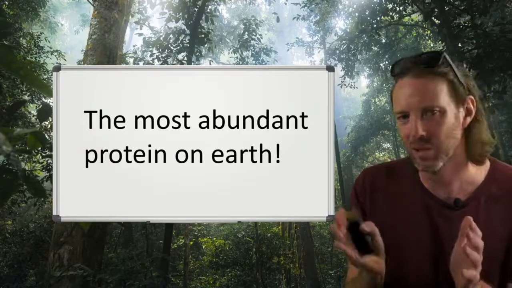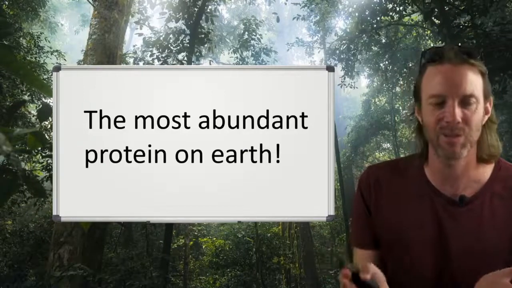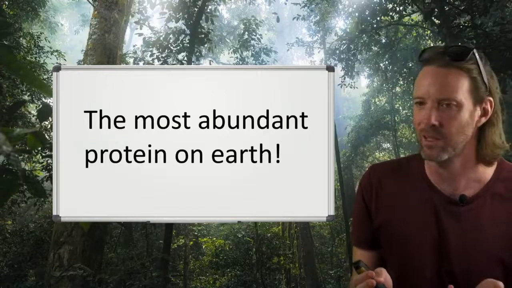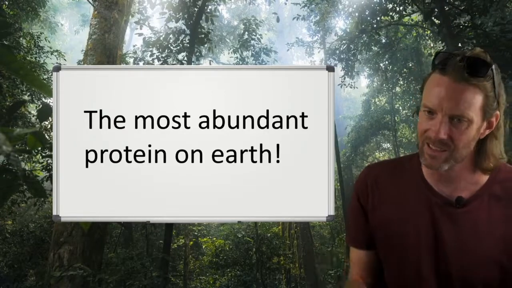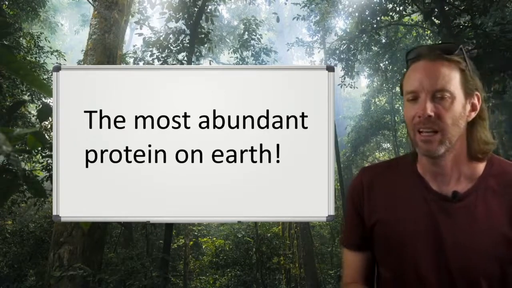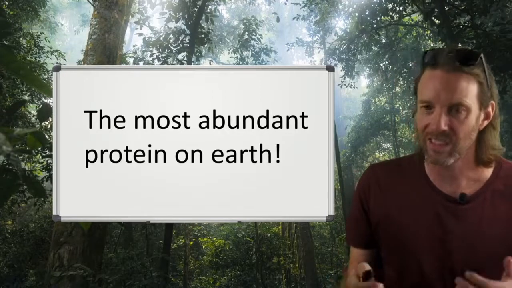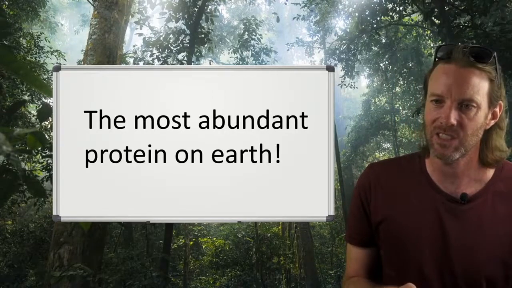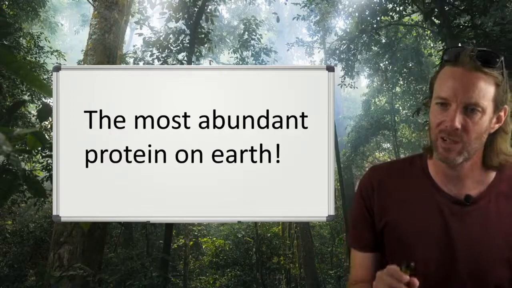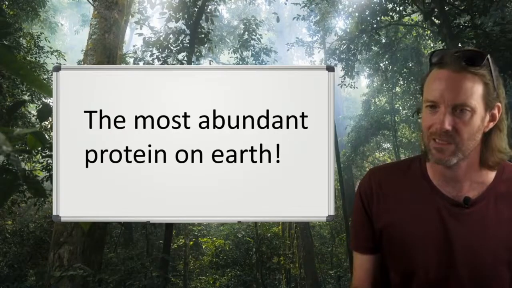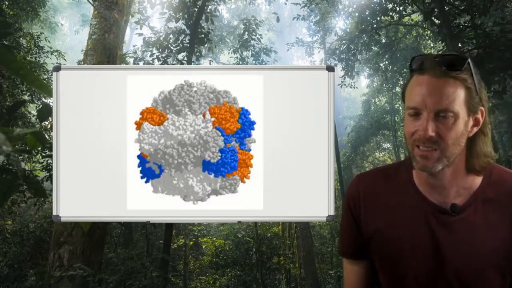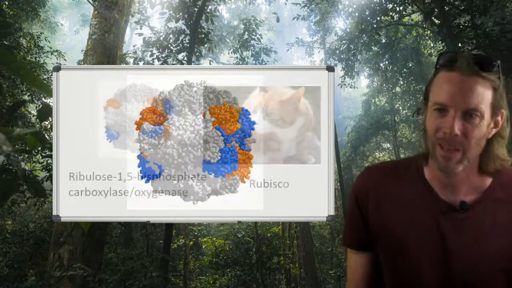This is a really important thing to memorize. Everyone knows about protein, why it's so important for animal nutrition, for catalyzing reactions in biology. And the most abundant protein on Earth is inside those chloroplasts. It looks kind of non-charismatic, like this.